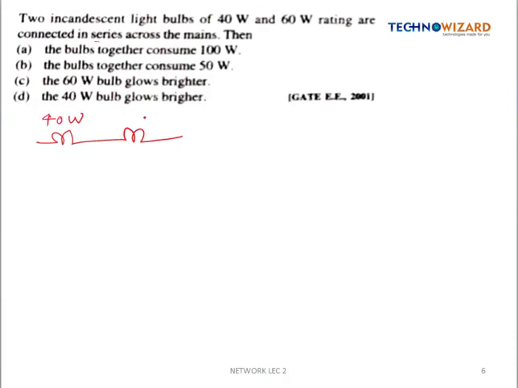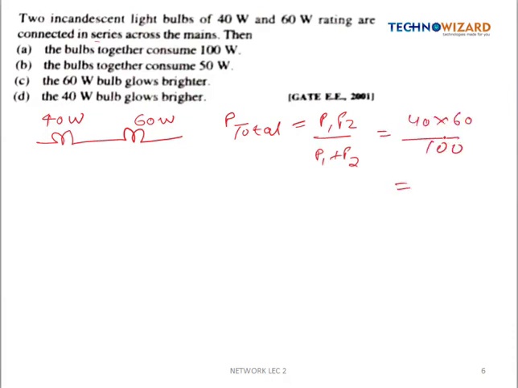So I've already told you the formula. So total power consumed by both the bulbs will be P1 P2 upon P1 plus P2. So simply put the values, 40 into 60 divided by 100, so it will come around 24 watt, right?